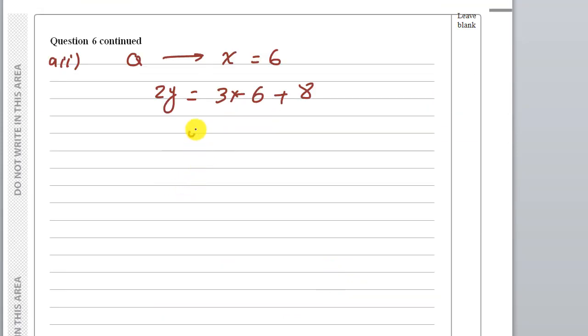So y will equal 3 multiplied by 3 plus 4. So 9 plus 4 is equal to 13. So Q is equal to (6, 13).